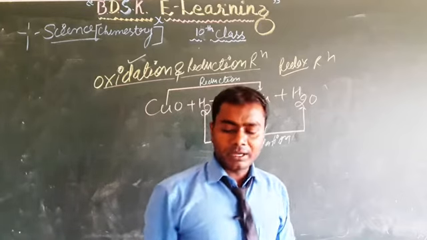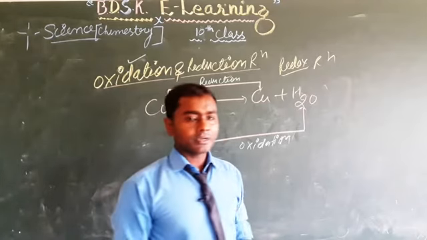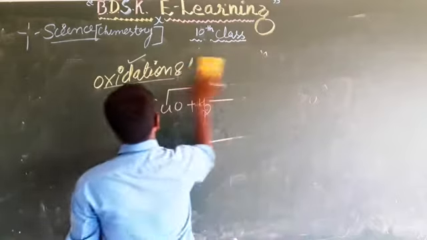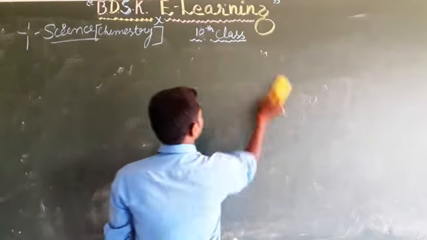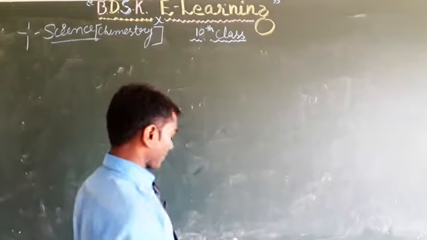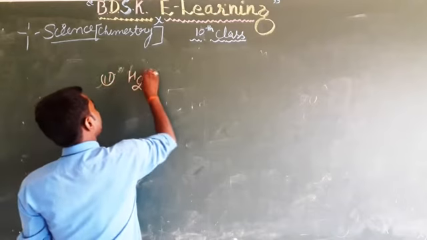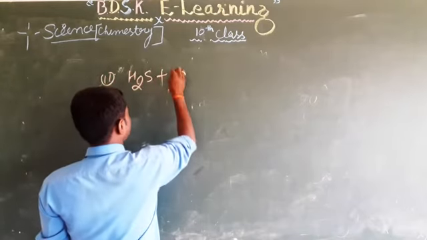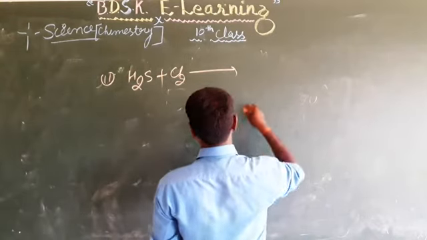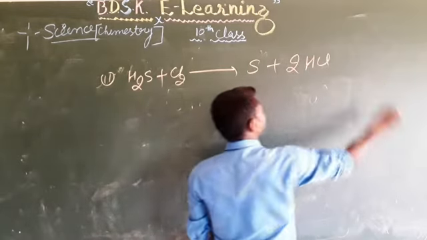Okay, now we understand from another example. Okay, see here. Example number 2, H2S plus Cl2 is equal to S plus 2HCl.